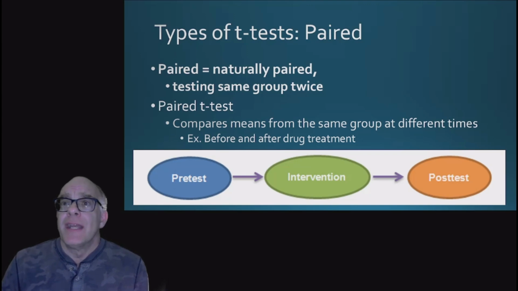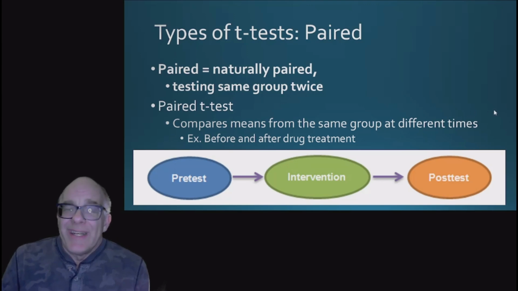And so in this case, the example up here on the slide is a pre-test, intervention, and a post-test. This would be an example of a paired t-test. We're looking at, again, the same group at different times like we're doing within this experiment. And so the pre-test, post-test situation is going to be a good example of a paired t-test.